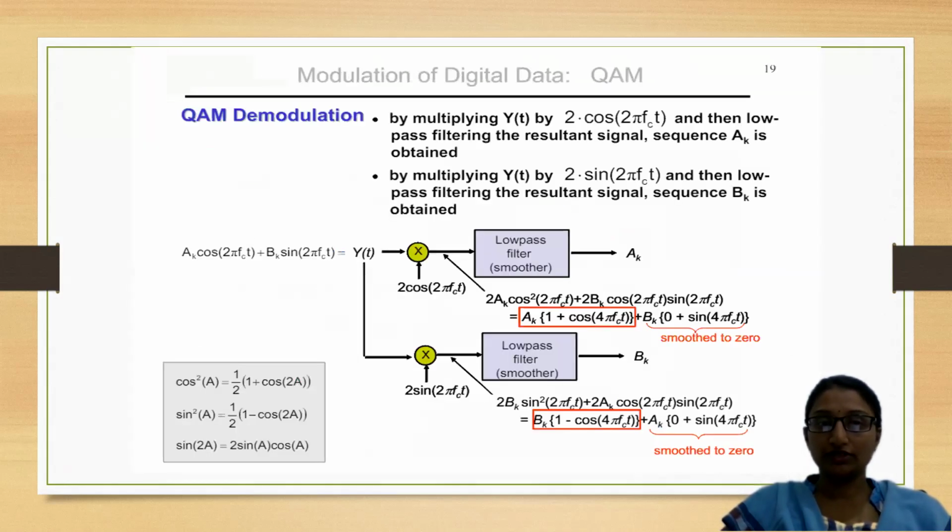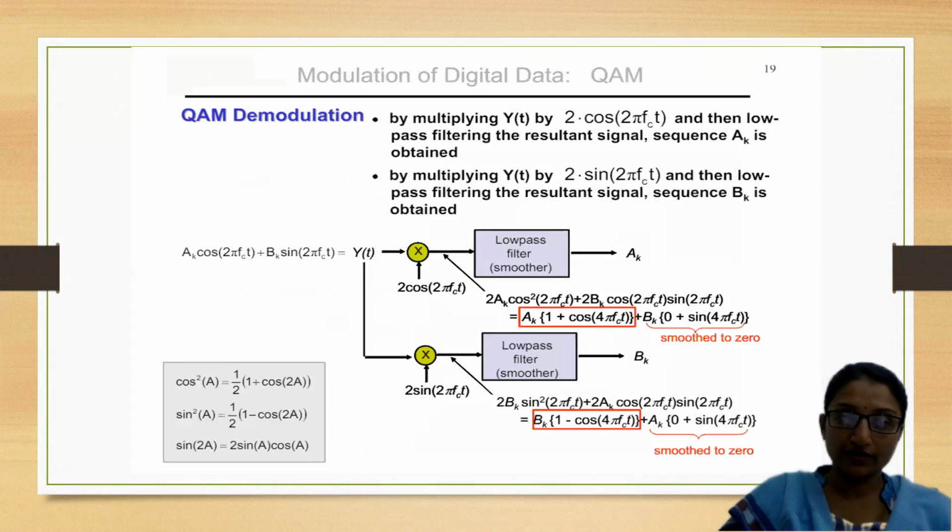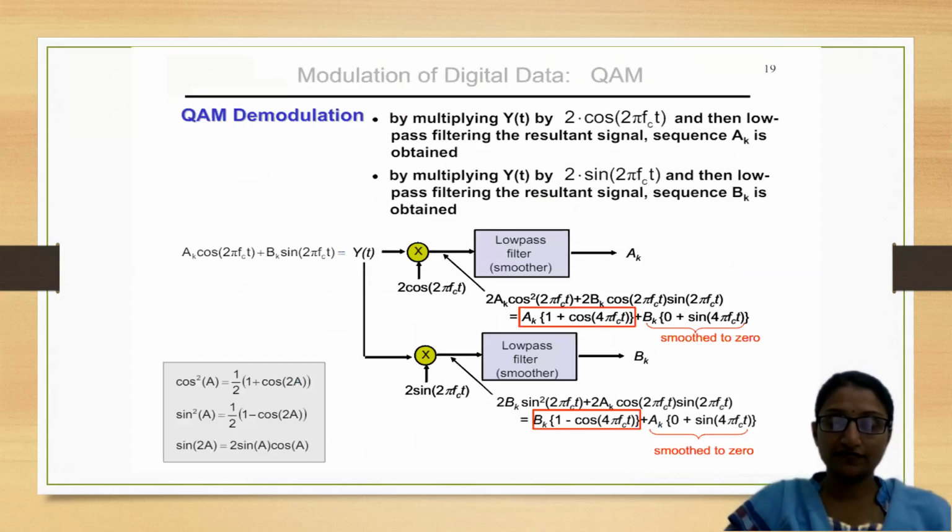Coming to the demodulation of QAM. Here our original modulated signal, AK cos 2 pi fct plus BK sin 2 pi fct, is multiplied with 2 cos 2 pi fct and 2 sin 2 pi fct. Then it is given to a low pass filter for smoothening, and then you get your bits AK and BK separately.